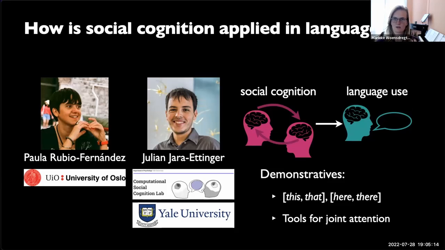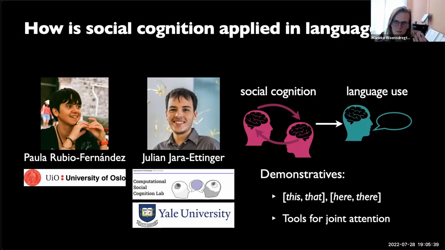Now, demonstratives are words like this versus that, or here versus there. So they form small closed class systems within our grammar of deictic terms, so terms of which the meaning depends on the context and who uses them. And they are used to maintain and establish joint attention.